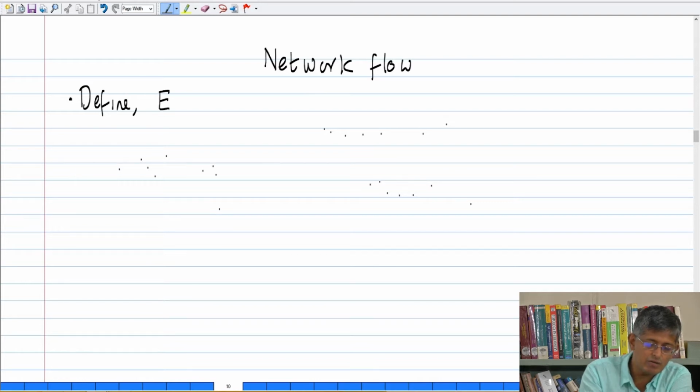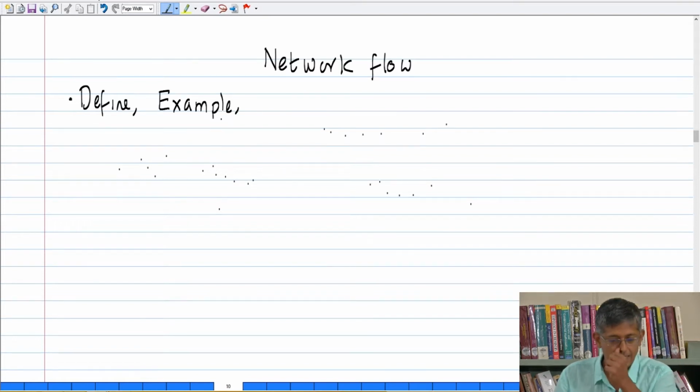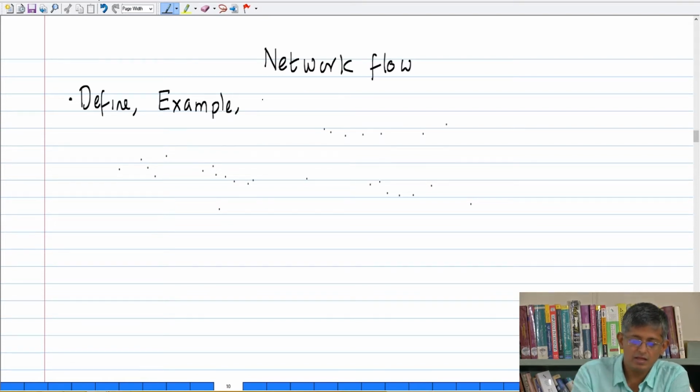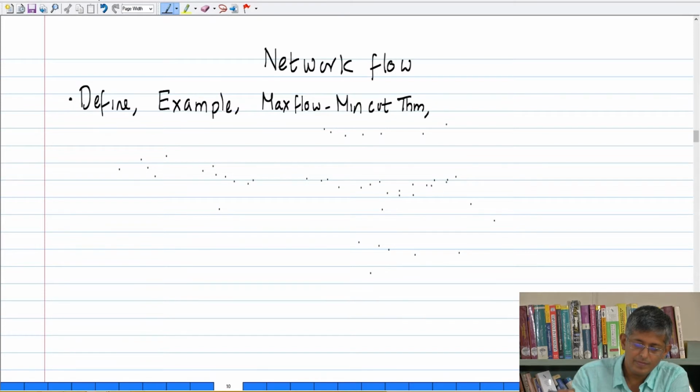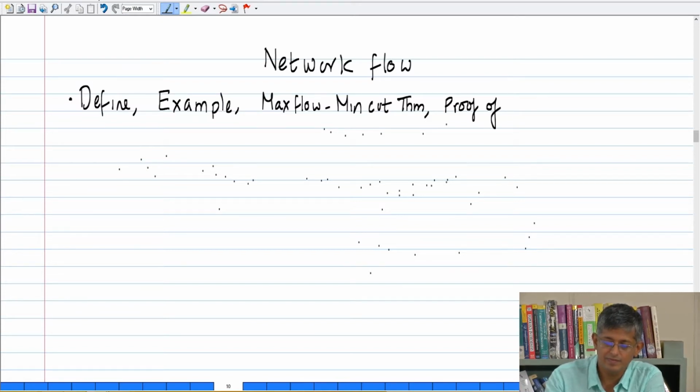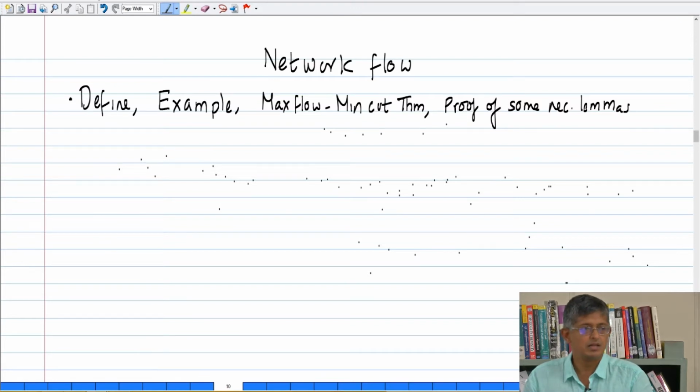We will try to work with a running example, and we'll prove a main result, which is called the max flow min cut theorem. And if time permits, complete the proof of a few small lemmas. So this is basically the plan.